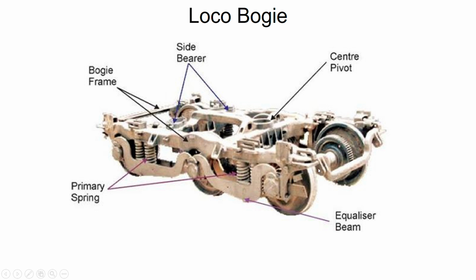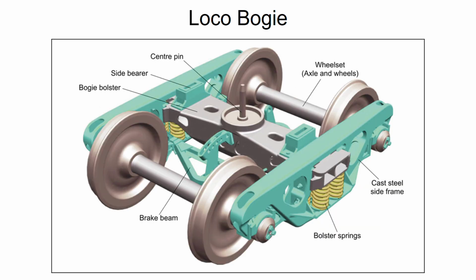And here there should be a brake shoe for the braking arrangement. This is on the wheel. So these are the main parts of a general bogie. Now here you see, this is a wheel set, axle and wheels.